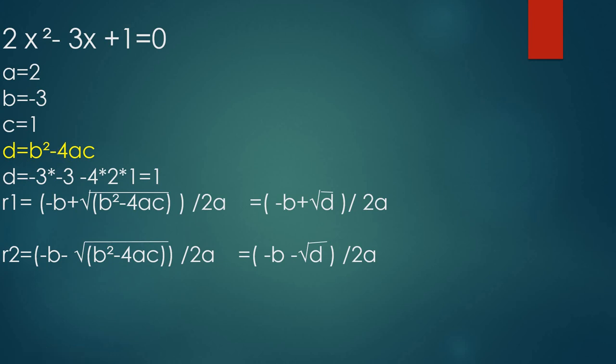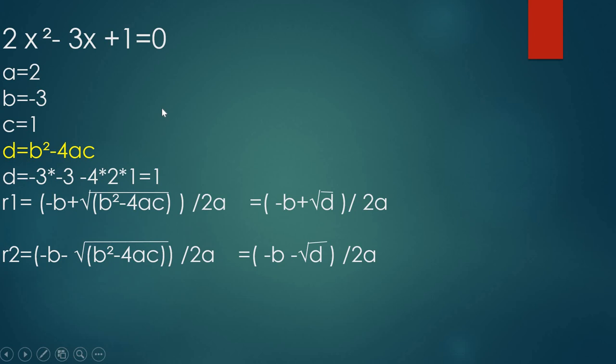Then according to this equation, what is the determinant? Value of b is equal to minus 3. So b square is minus 3 into minus 3, minus 4 into a, which is 2, into c, which is 1. 4 into 2 into 1 is 8, so the determinant is equal to 1.